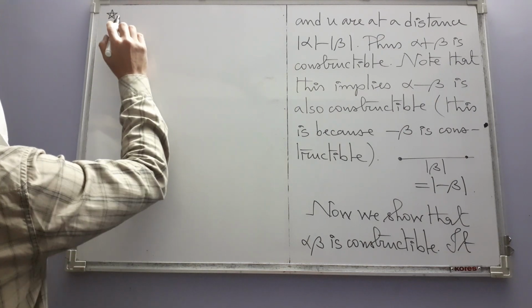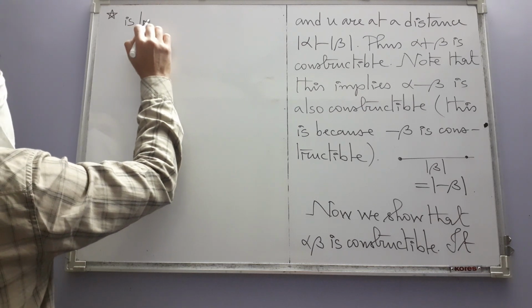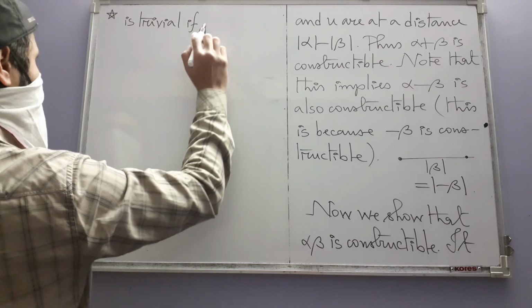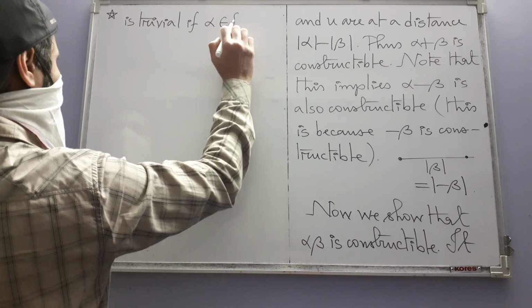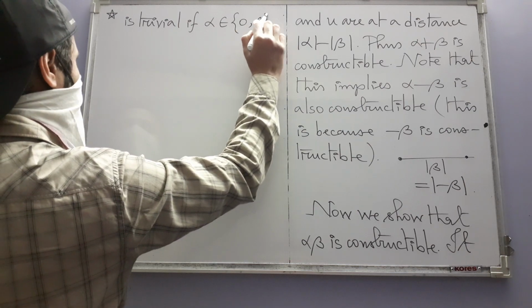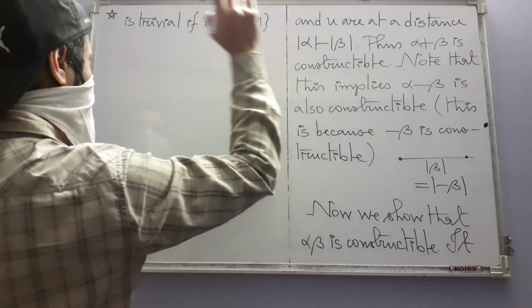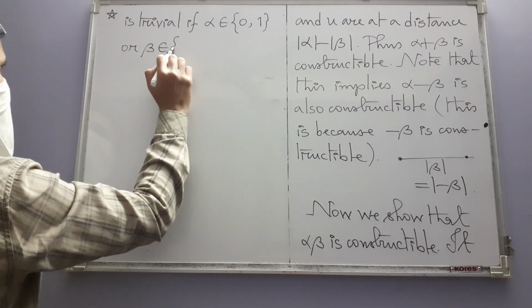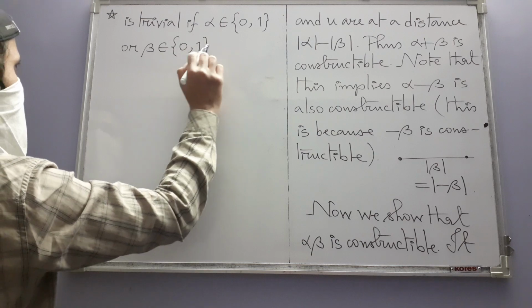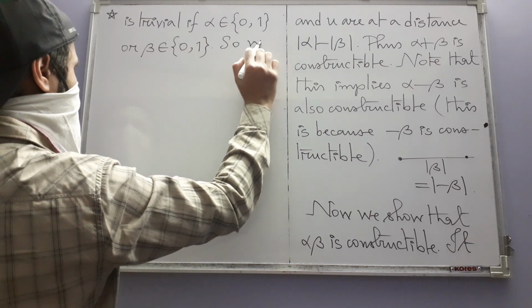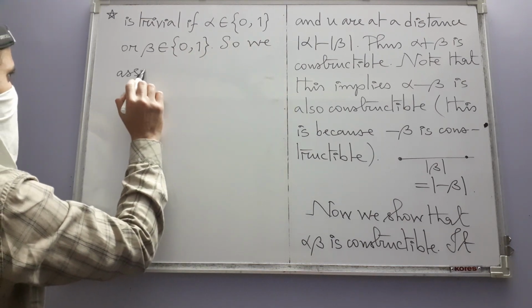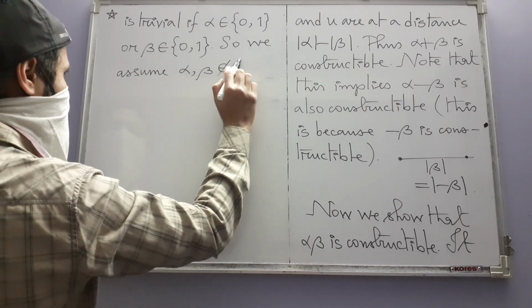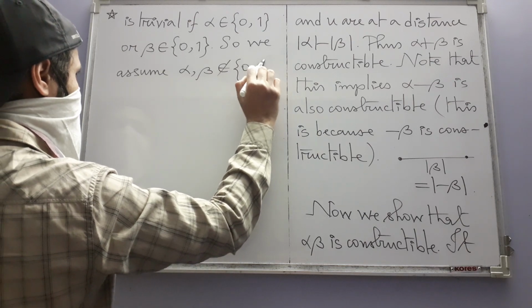It is trivial if alpha belongs to {0, 1} or beta belongs to this. So we assume that none of them belongs to this set.